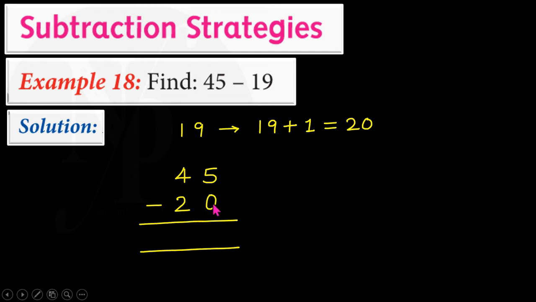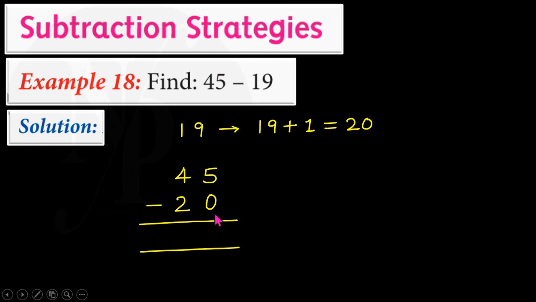Because we have a 0 here, subtraction will be simpler. If you want to subtract 19 from 45, you need to regroup the digits and it will be a bit difficult compared to this. So by making the second number, or the smaller number, here as 20, the subtraction will be easier.